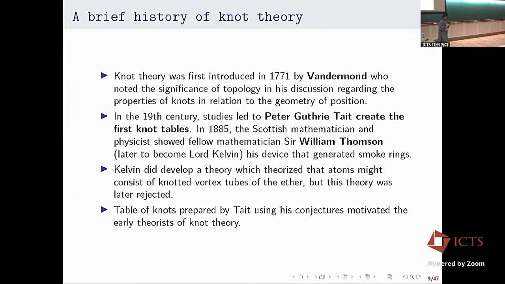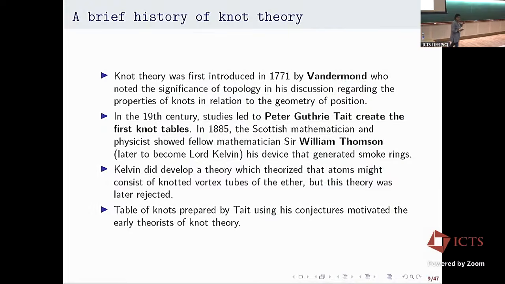Later on, the physicists lost interest because they found that the theory wasn't true. But the mathematician Tate still continued because it was fun for him to classify all knots, and he made a table, which was actually based on a lot of conjectures.